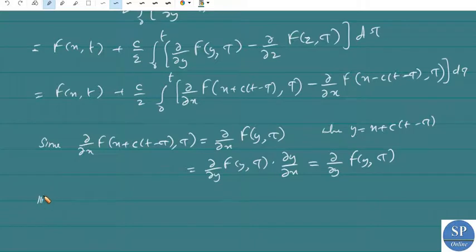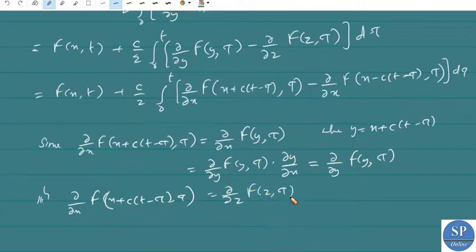In a similar way we can show that dou by dou x of f of x minus c into t minus tau comma tau is equal to dou by dou z of f of z comma tau, where z is equal to x minus c into t minus tau.